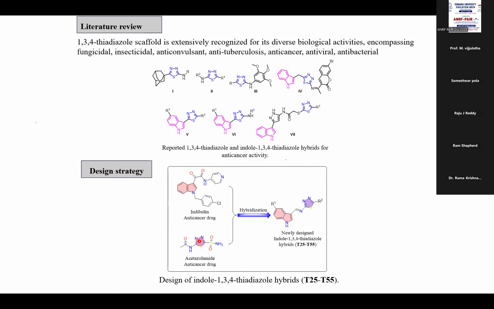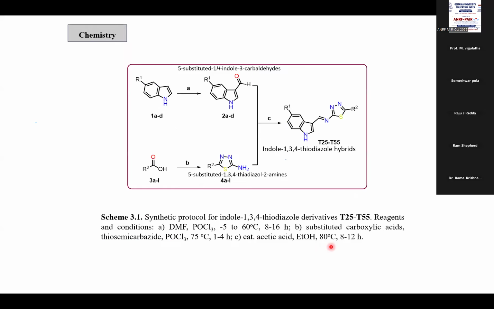So we took the indibulin and acetazolamide and hybridized this molecule to get an indole 1,3,4-thiadiazole hybrid. And we try to synthesize this molecule Schiff base by clubbing the aldehyde with the amine to get the Schiff base.